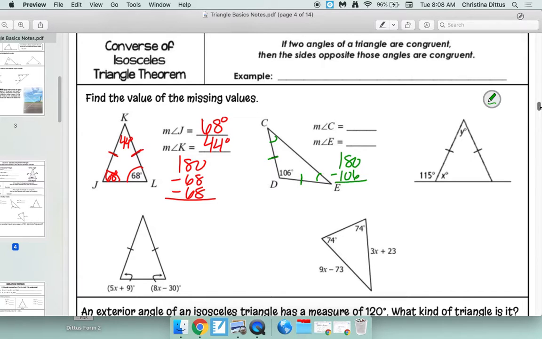That leaves me with 74. You have to divide by 2 because 74 is what's left for both of these, but we want them split equally because they're the same. So 74 divided by 2 gives me 37 for both of those.